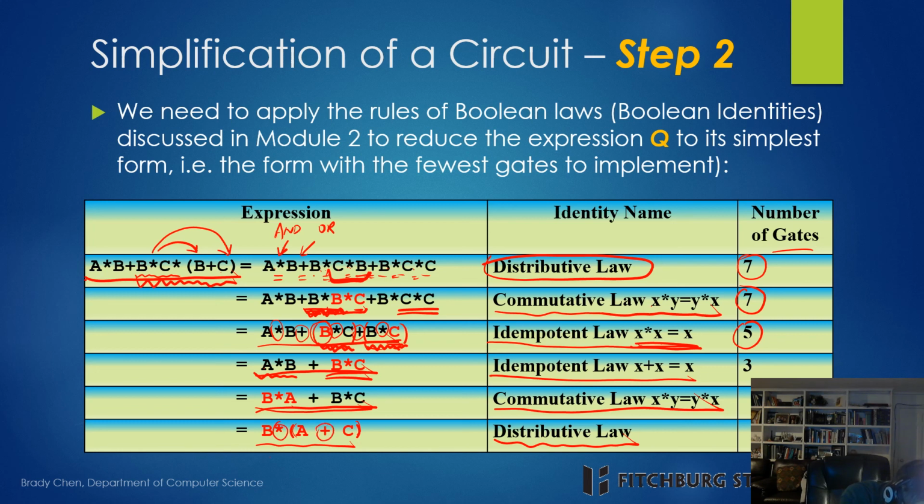Okay, one is the AND, the other one is OR. So this has two. Now this one, we still have three logical operators. We have two AND operators and one OR operator. So we have three. Okay. So that's basically the simplest form, we believe.